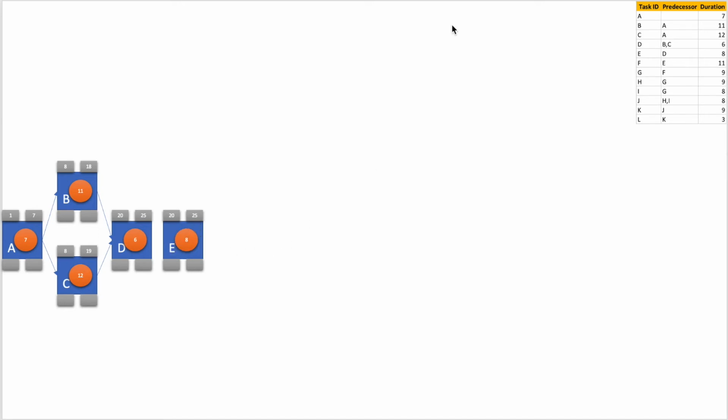Now the linkage, let us make it. So D to E. Now activity D finishes on 25th day. So activity E can only start on the 26th day. And it is 8 days duration. So 26 plus 8 is 34, minus 1, 33.